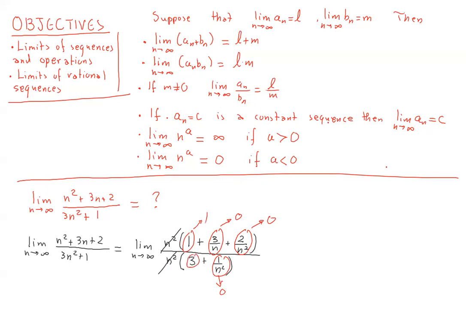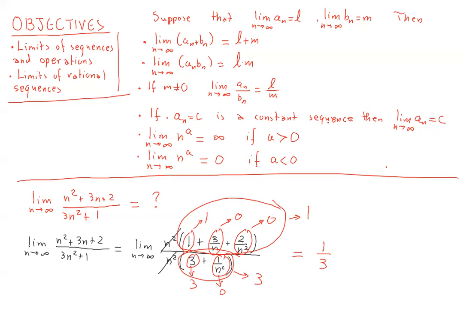This is a constant sequence that tends to 3. So the whole numerator tends to 1. The whole denominator tends to 3. So simply speaking, the limit is 1/3. And that's it. And this is pretty much what we will do every time we have the quotient of two polynomials of n that have the same degree.